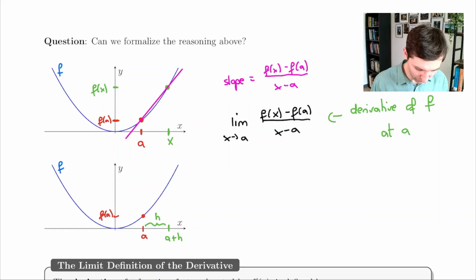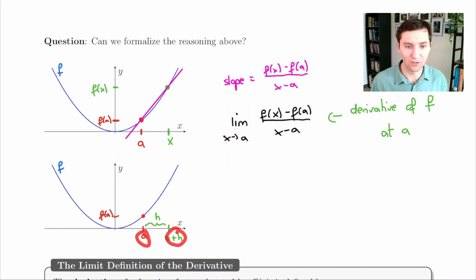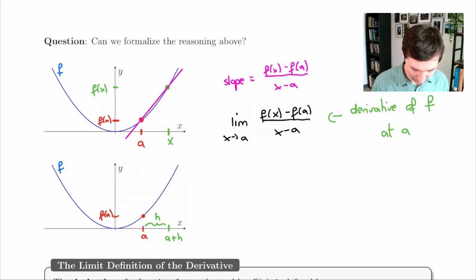So if the first point is at a, the second point is slightly further than a. It's a plus h. You can think about h as a little bit. The second point is a little bit further to the right in this case than a, so we call it by a plus h. The corresponding point on the graph of the function has the y-coordinate of f of a plus h.